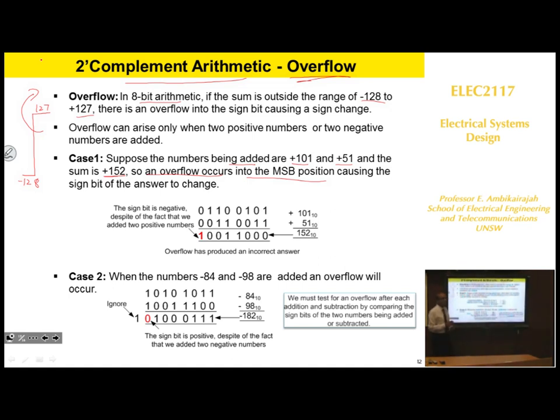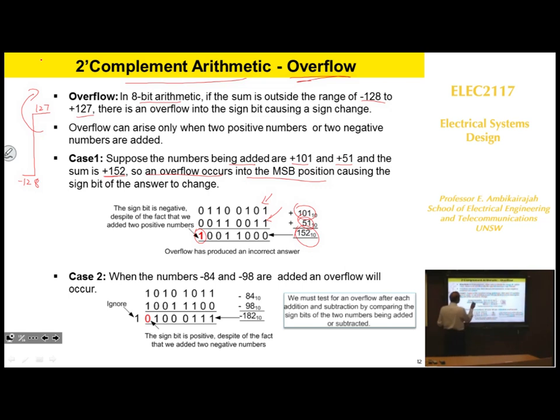So what does that mean in 2's complement? Have a look here. That's your two numbers, and when you add them, this is their result. What happened is that you added two positive numbers using 2's complement arithmetic and ended up with the most significant bit as 1. A most significant bit of 1 means a negative number.